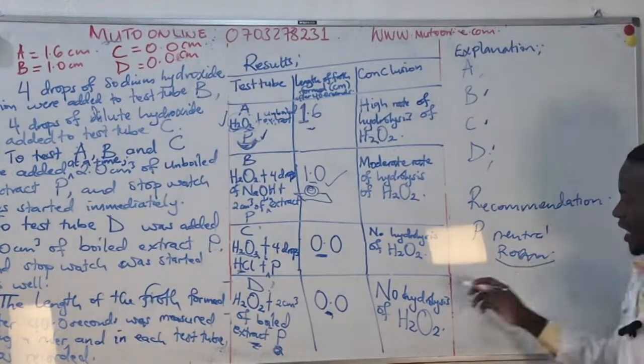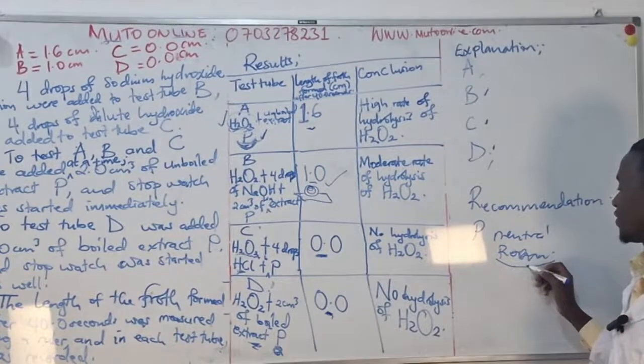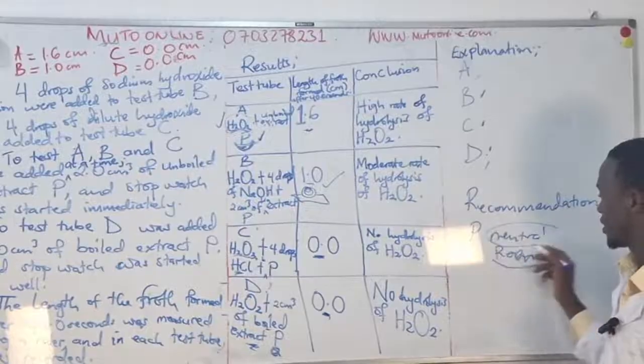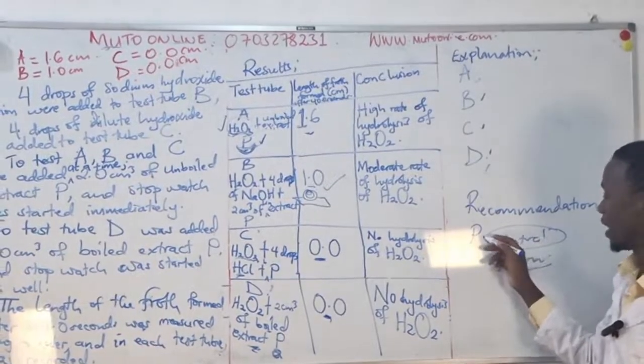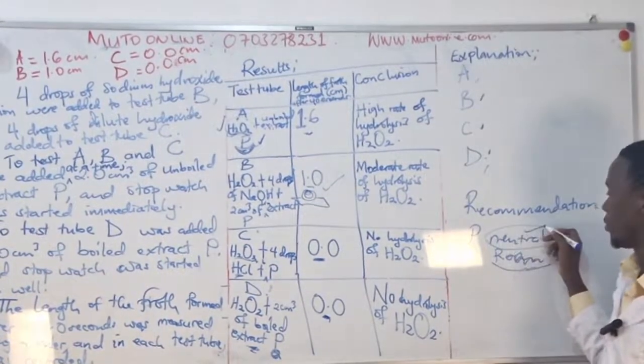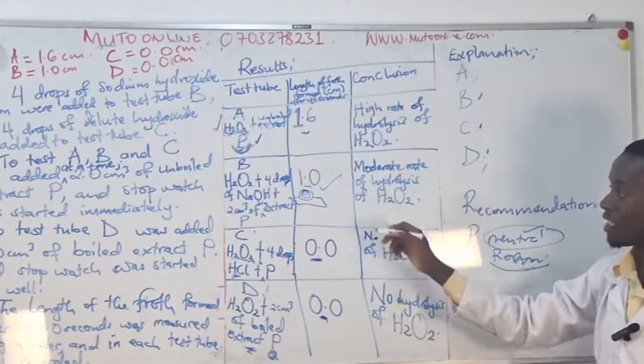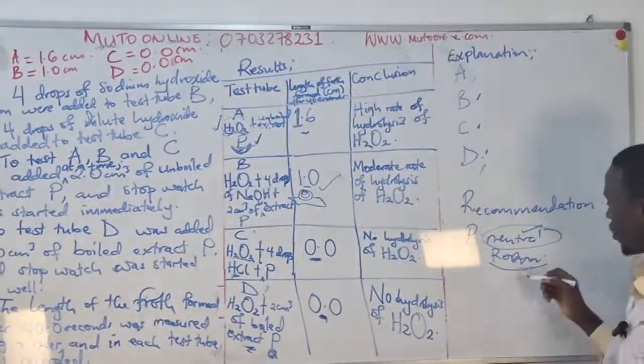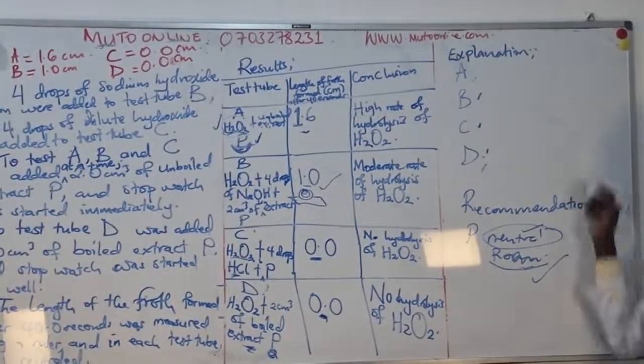We saw that any increase in temperature denatures the active substance in P. We also saw that changing the pH from neutral denatures or inactivates the active substance in P. Please write a valid recommendation and explanation.